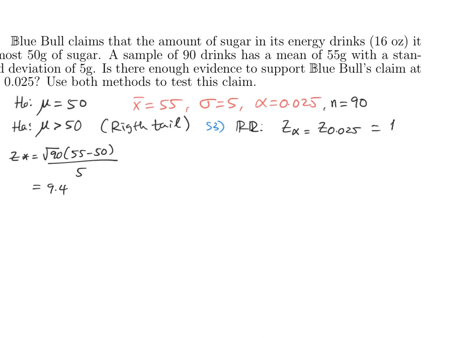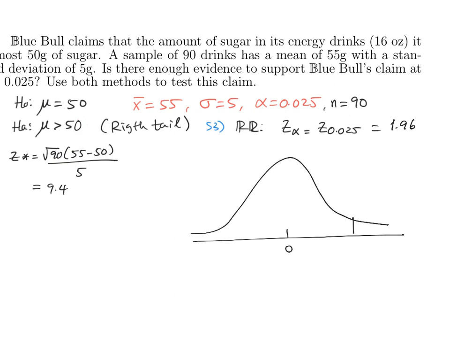What is it? 1.96. So then draw the rejection region, which is mandatory to do. So you have 1.96. So if you are here, it will be rejected. And here is fail to reject H0. Okay, so now what's the value for C star?